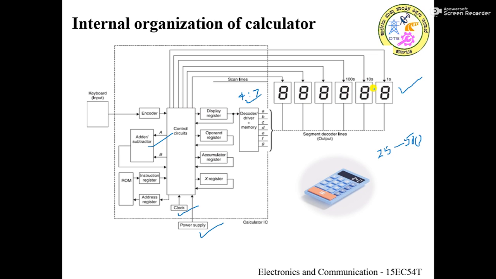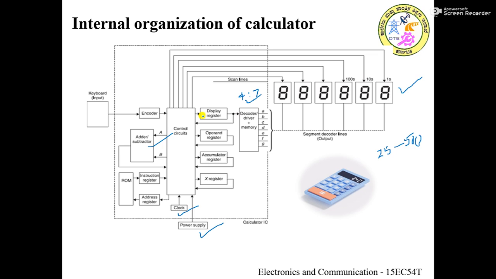So the display register will route its value to the operand register. The operand register is a temporary storage register, which stores the copy of the display register entered in the previous operation.